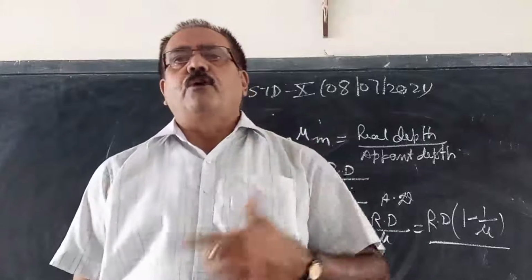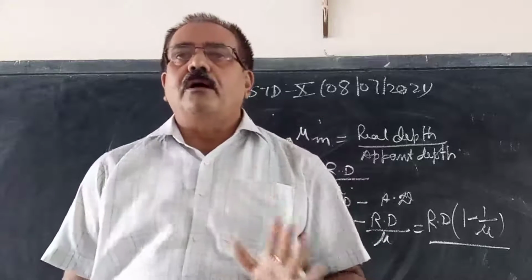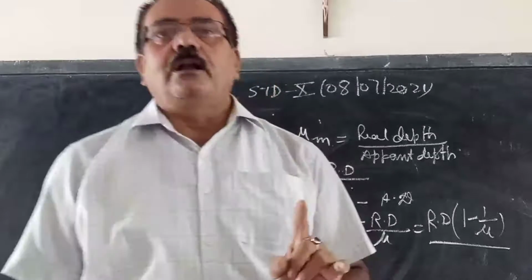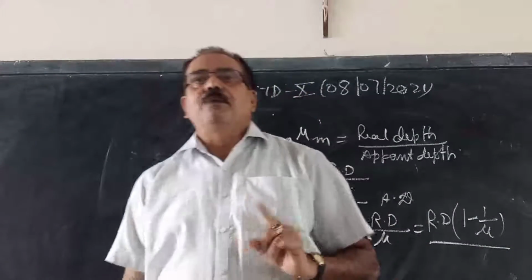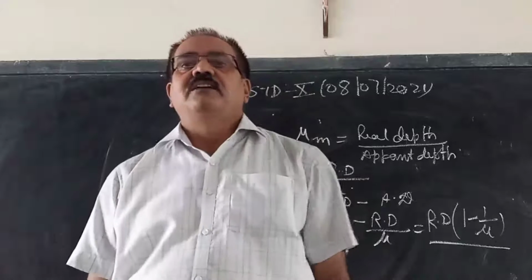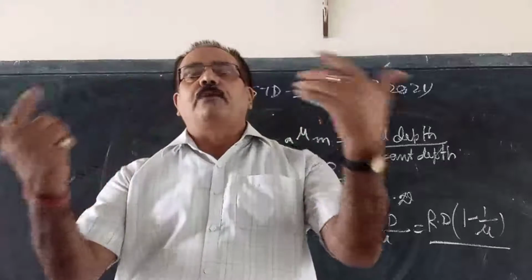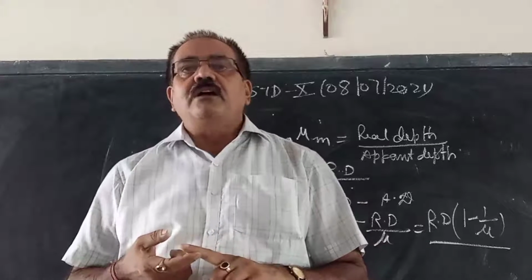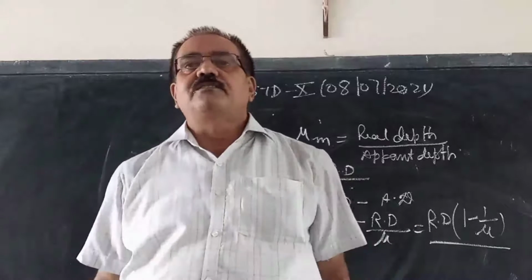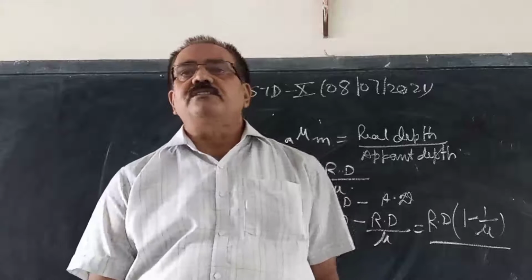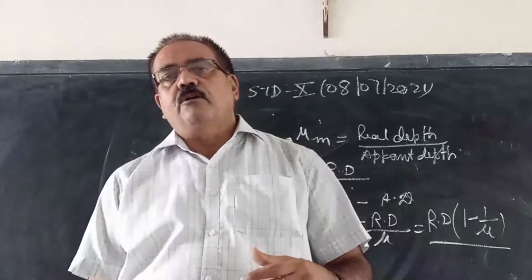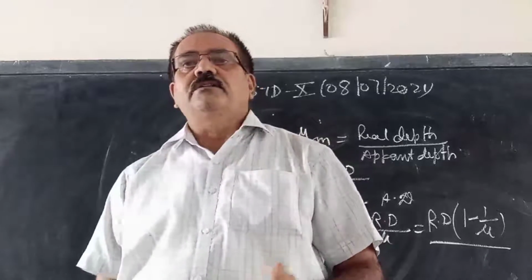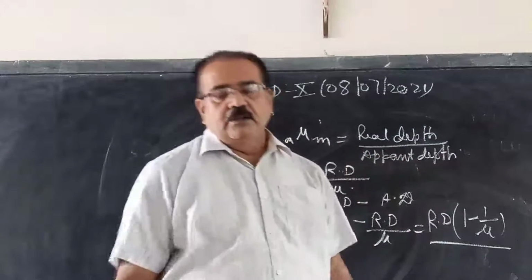The last one, which is common in the light chapter, is the wavelength or color of light. Since the violet color has maximum refractive index, the shift for violet color is more, and for red color, which has less refractive index, the shift is less. So these are the three factors on which the shift depends.